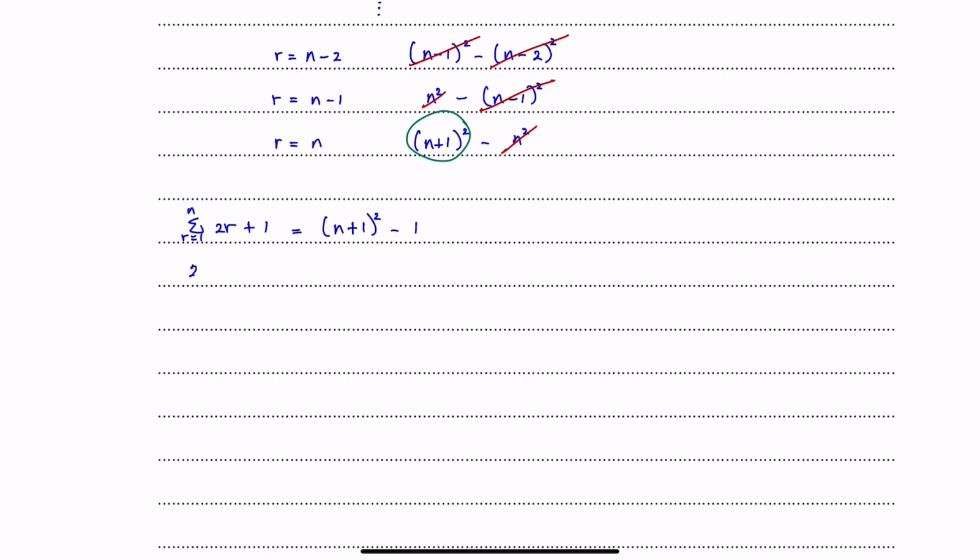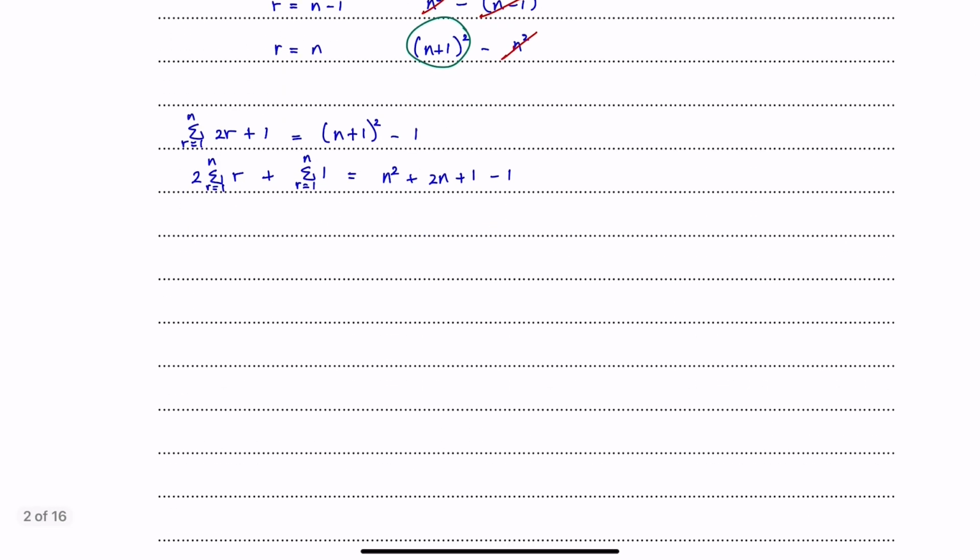So the 2 can be taken out to write it as 2 times the summation of r plus the summation of 1 equals n squared plus 2n plus 1 minus 1.